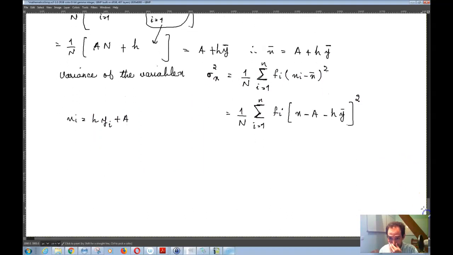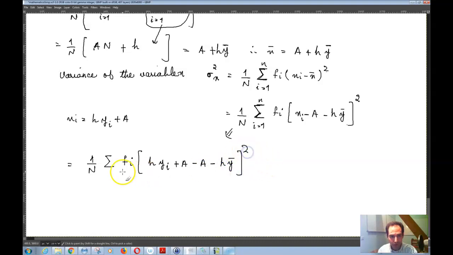So now everything is coming together, meaning that you can write x of i as h y of i plus a. I can write this as 1 over n times sigma f of i times h y of i plus a minus h times y bar whole squared as i goes from 1 to n.